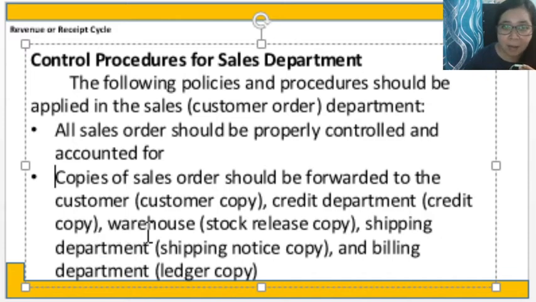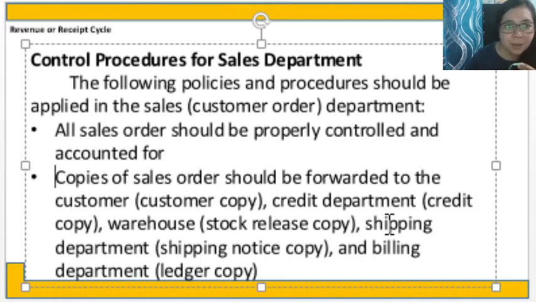For the warehouse, of course, to specify the type of inventory that they should release based on the order of the customer. Shipping department, this is also very important because before shipping the goods to the customers, they should make sure that it is complete and correct items.